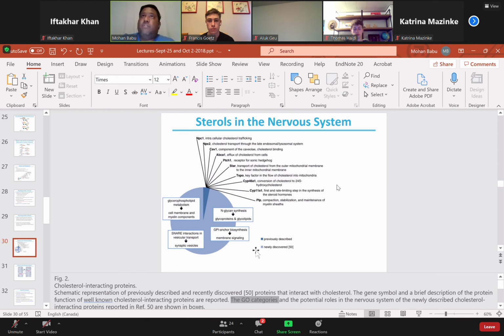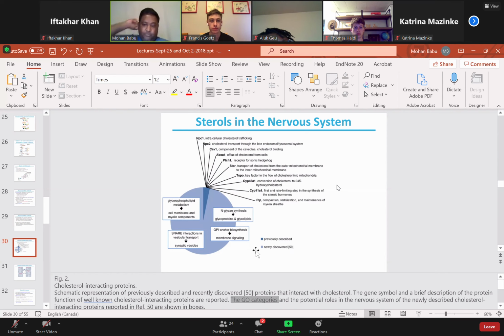For example, for genes of unknown function, there's nothing you can do about it, and those will not have any group in the GO categories. Do you follow? Yeah, because those are genes of unknown function, so they do not have any categories. Only those that are very well characterized will be assigned to a specific group.